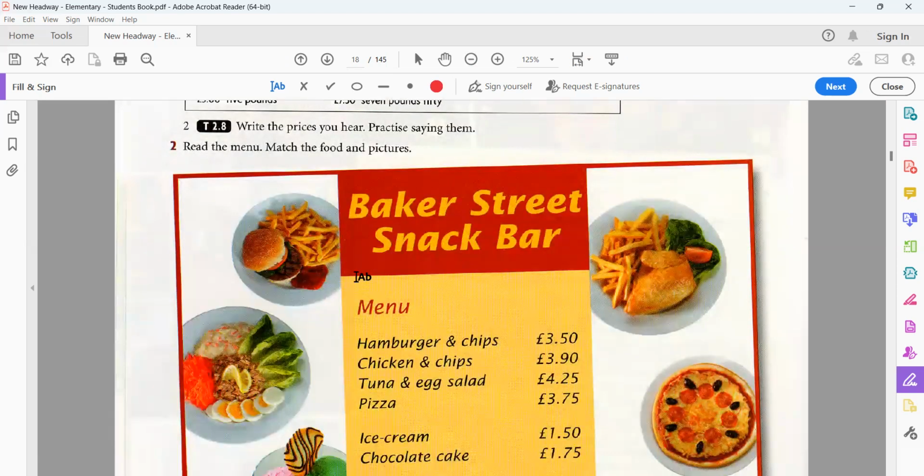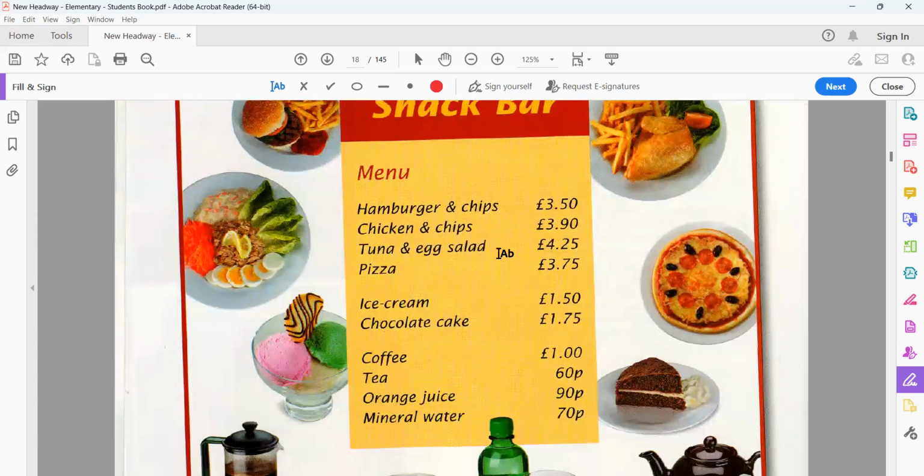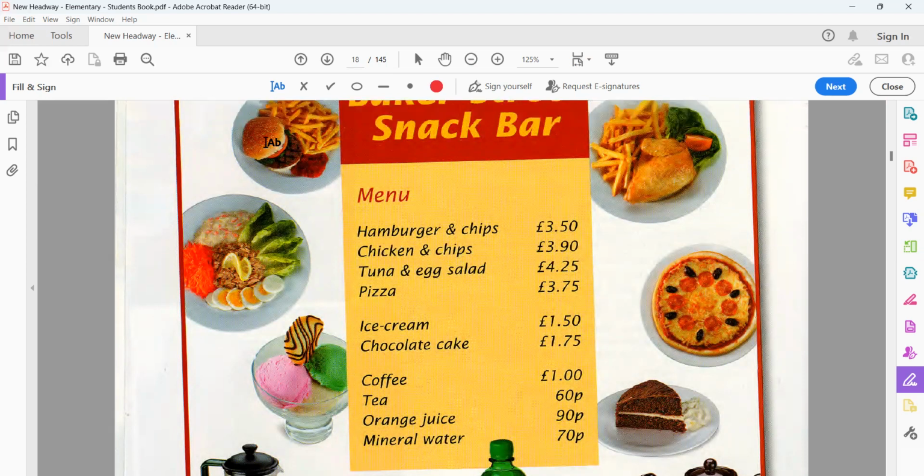this is the menu. When you go to a restaurant, a cafe, or a snack bar, it's like a small restaurant for fast food. This is the menu, and here we have hamburger and chips, chicken and chips. So this is photo number 1 here. This is hamburger and chips. This is chicken and chips.